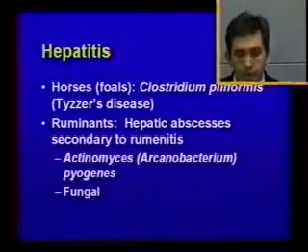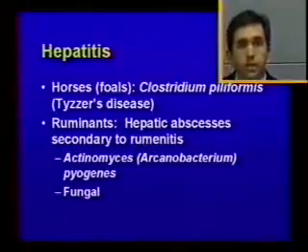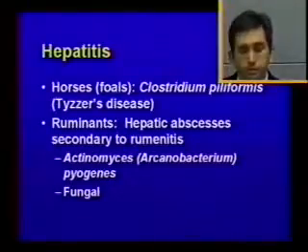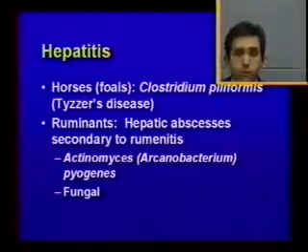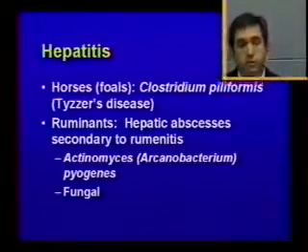Now let's move to a different category of liver injury, and that would be hepatitis. This is inflammation of the liver. In foals, particularly those that are immunosuppressed, they are prone to an infection of the liver by the bacterium Clostridium piliformis. And you may know this by another name as Bacillus piliformis.